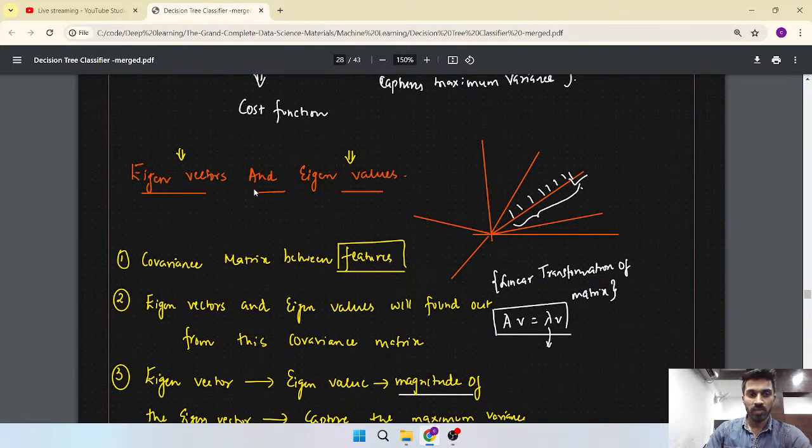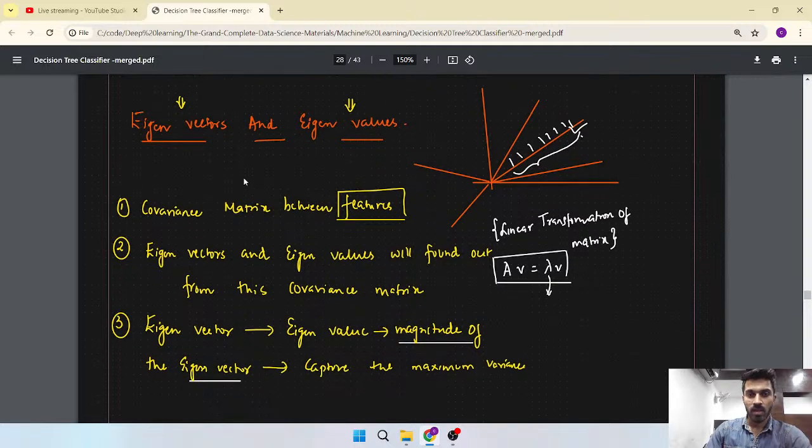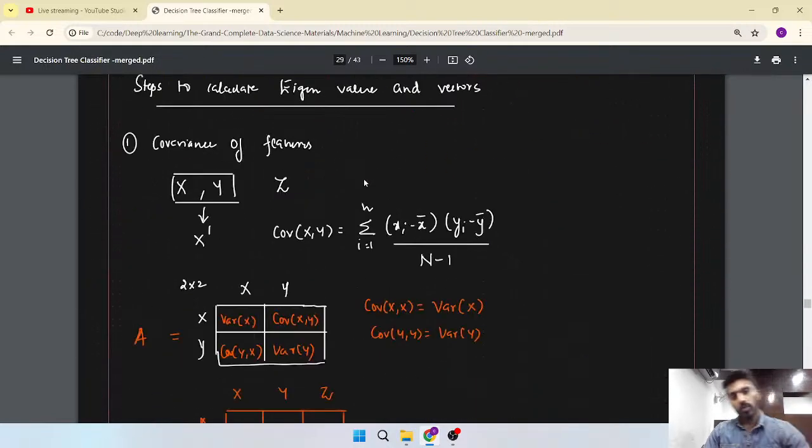And now eigenvectors and eigenvalues. How do we find eigenvalues and eigenvectors? You will have some columns in your data set, like hundreds or thousands of columns. You apply a linear transformation and find these eigenvalues. According to the eigenvalues, you will get eigenvectors.